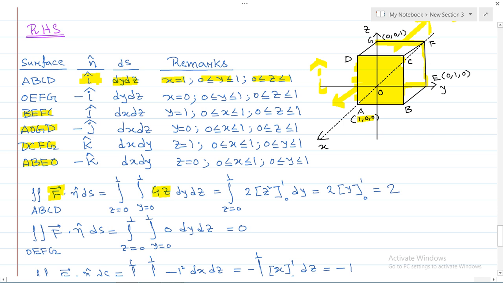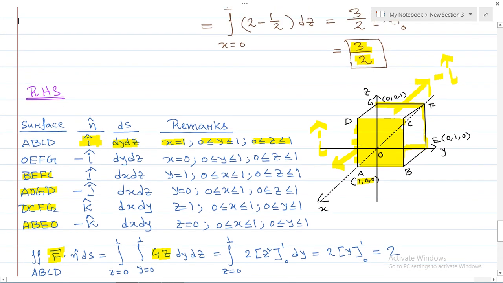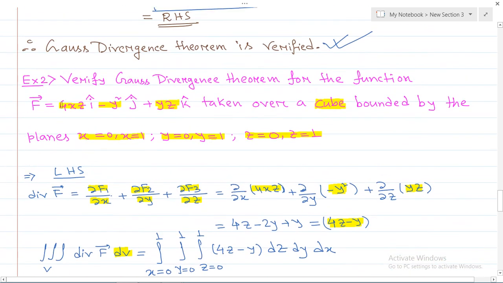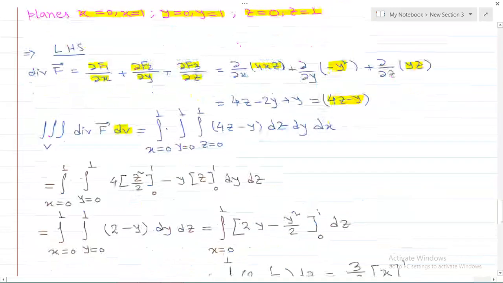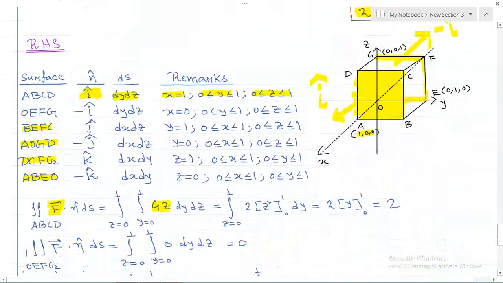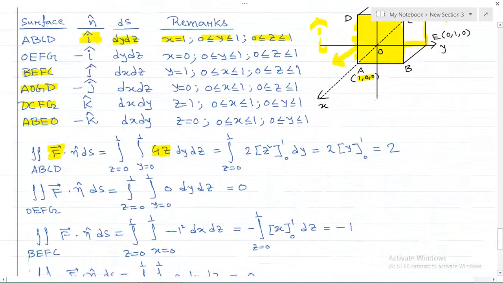Why? Because the first term is 4xz. If I put x equal to 1, it becomes 4z i cap. Now n cap is i cap, i dot i is 1, so you get 4z. We have to integrate this 4z for y from 0 to 1 and z from 0 to 1. The result after the double integration is 2.